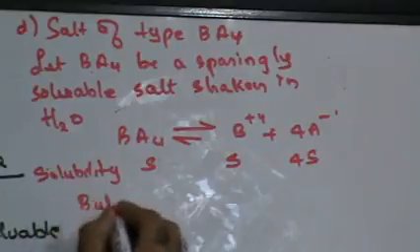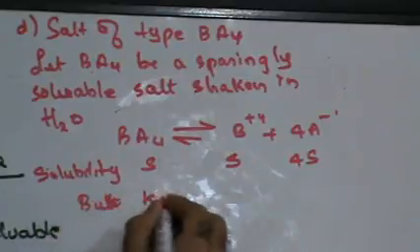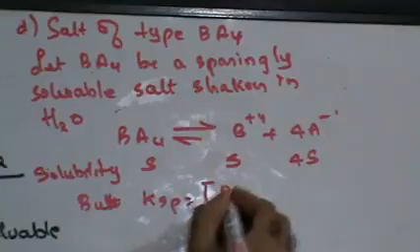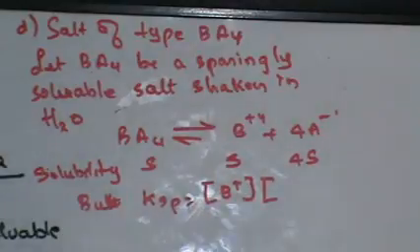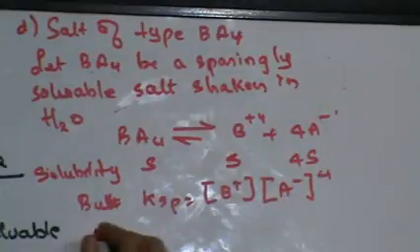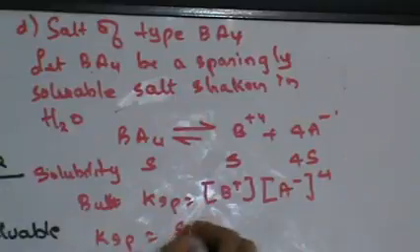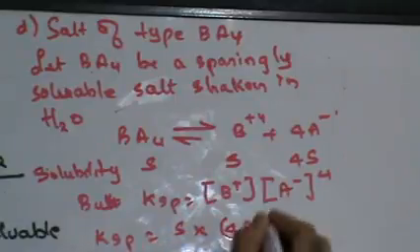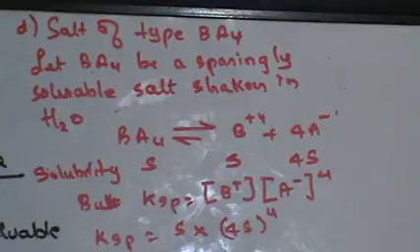But here KSP is going to be the active mass of B plus, and I have 4 atoms of A minus, so this will be A minus raised to 4. So KSP is going to be S into 4S the whole raised to 4. 4 4s are 16, 16 4s are 64, 256.